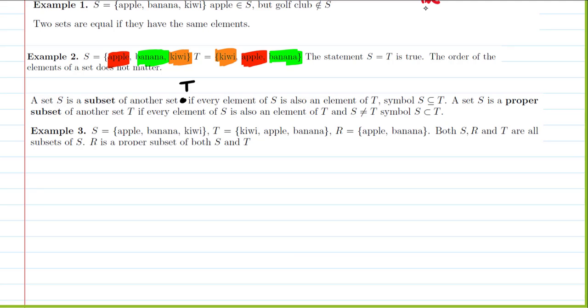For example, once again, if we have apple, banana, kiwi is S, and T is kiwi, apple, banana, and R is apple, banana, then S, R, and T are all subsets of S. R is a proper subset of both S and T, because R is completely contained in each of these sets.